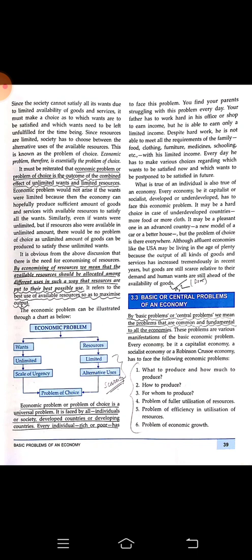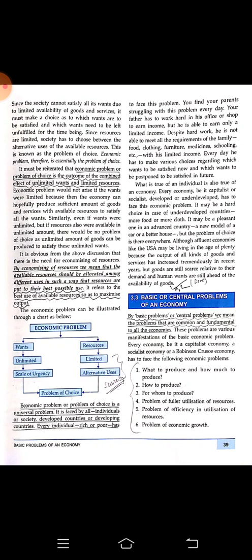What to produce, how to produce, how much to produce, for whom to produce. The first three questions given here, we can say, are related to allocation of resources: what to produce and how much to produce, how to produce, for whom to produce.